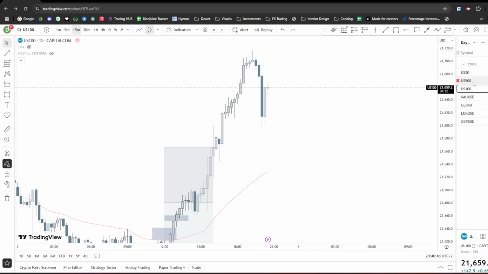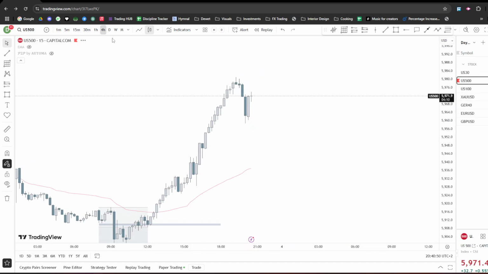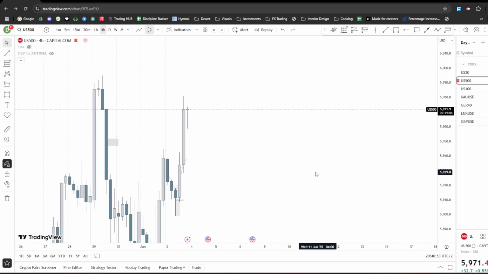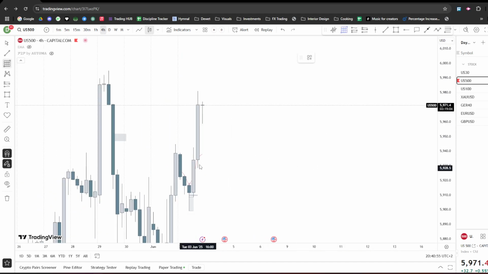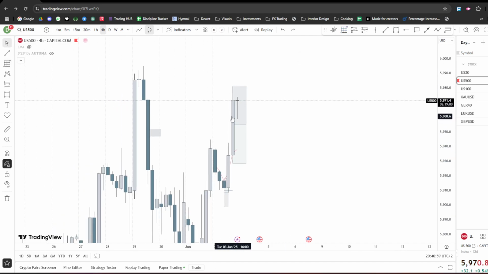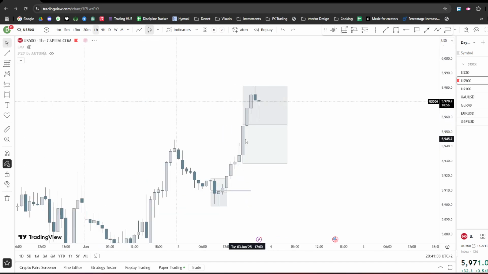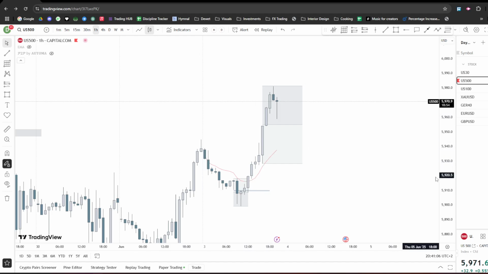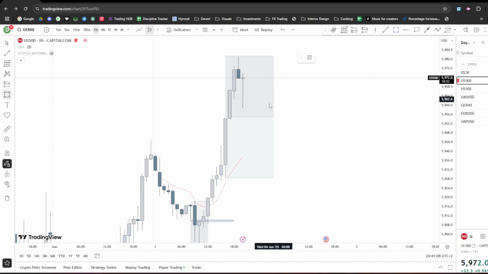Nasdaq, absolutely great example. Let's look at just the S&P. I don't think it gave an opportunity like NQ. 4 hour full body candle. We can see that we are above the new day VWAP. We actually had a fair value gap there as well, but it's in the premium.